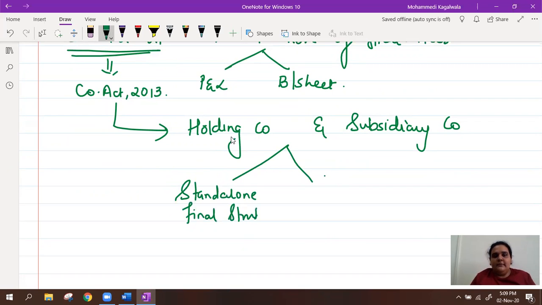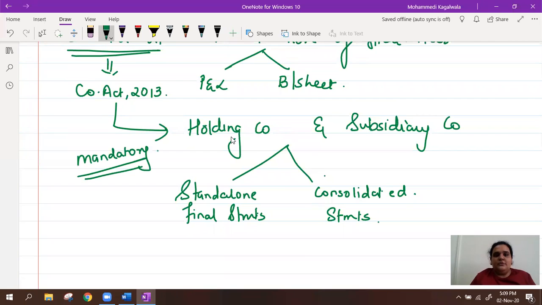Along with that, they also have to prepare consolidated statements. It is compulsory and mandatory as per Companies Act 2013, in the books of holding company and also in the books of subsidiary company.